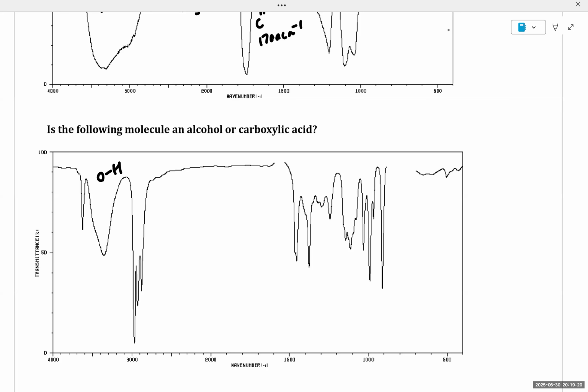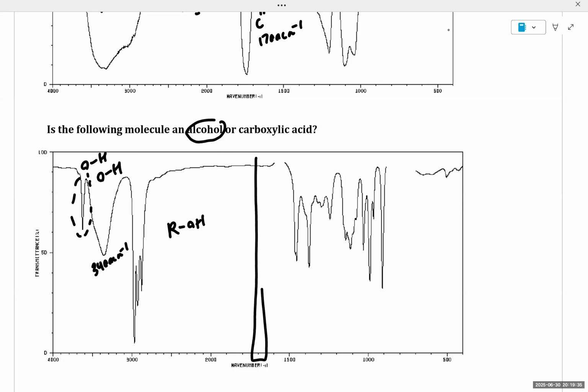This time it's closer to 3,400 centimeters, and we have an isolated OH stretching peak. So this tells me that we have an alcohol. The other thing I'd like you to note is that we have no CO stretch, so this can't be a carboxylic acid.